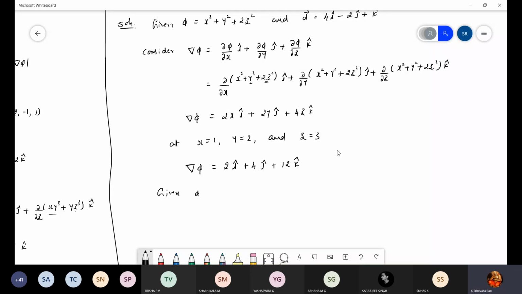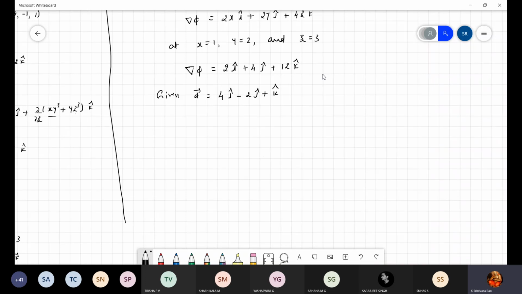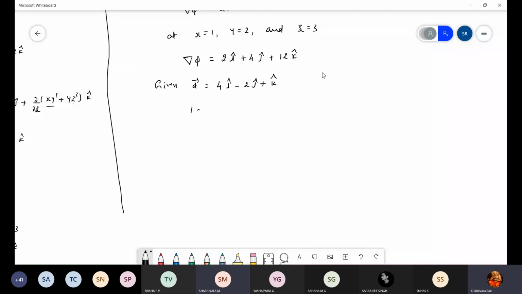Next, given d equals 4i minus 2j plus k. Okay, so what is its magnitude? Magnitude of d equals root 21, that is 4 square plus 2 square plus 1 square.